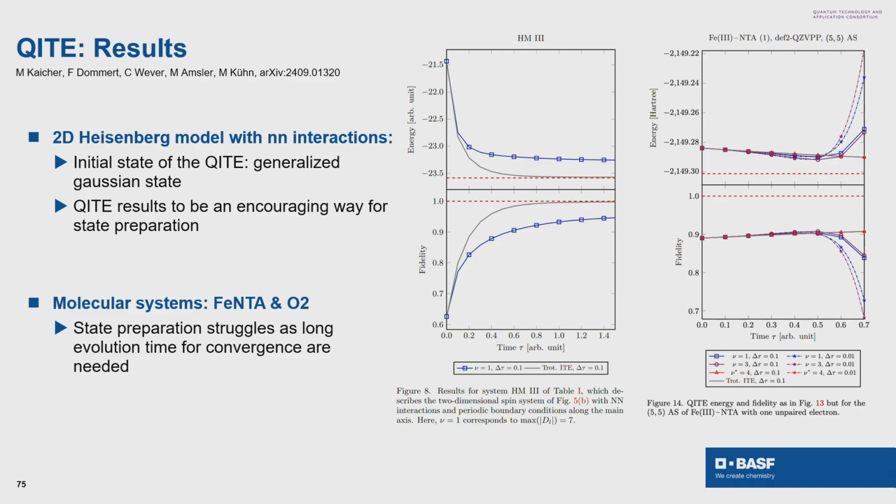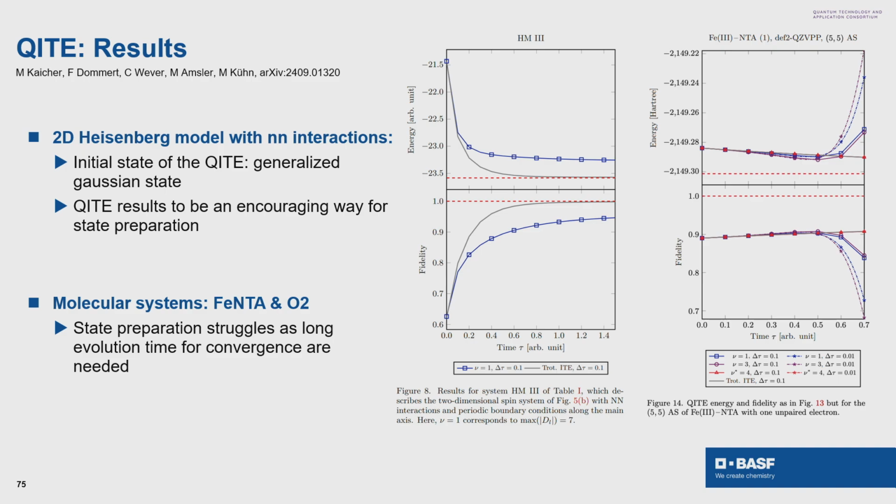This is the fidelity and the energy as a function of the evolution time tau. The solid line is the exact time evolution, and the blue line is the imaginary time evolution implemented via a unitary operator. You can see that in the case where you have local interaction, the energy goes down and the fidelity goes up.